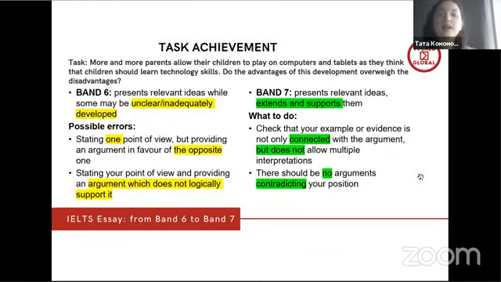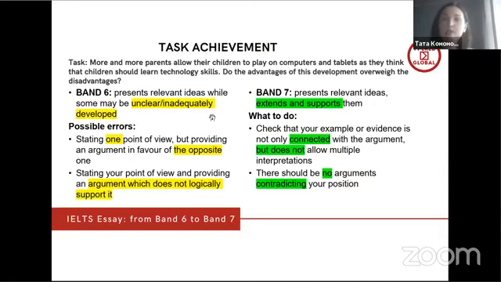The next point about task achievement says that for band 7, you need not only to present the ideas which are relevant to the topic, but you're also to extend and support them with clear arguments. While if you do not give clear explanations or your explanations are not adequate, you will get only band 6.